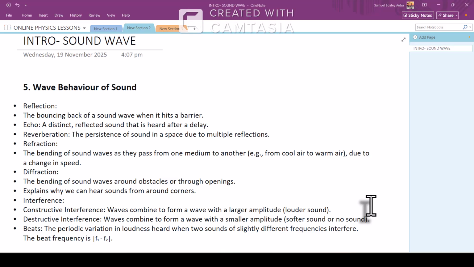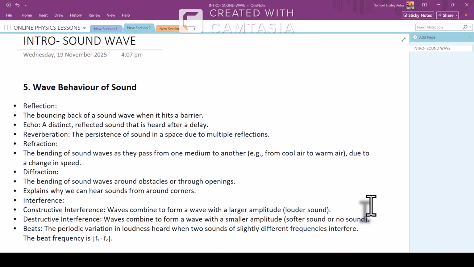Okay. So another twist is reverberation. This is the persistence of sound in a space due to multiple reflections. So if there are multiple reflections, the scenario you experience is what is known as reverberation. Then refraction. Refraction has to do with the change in speed and direction of a wave.